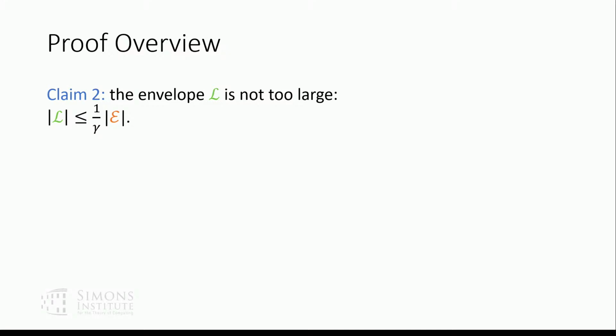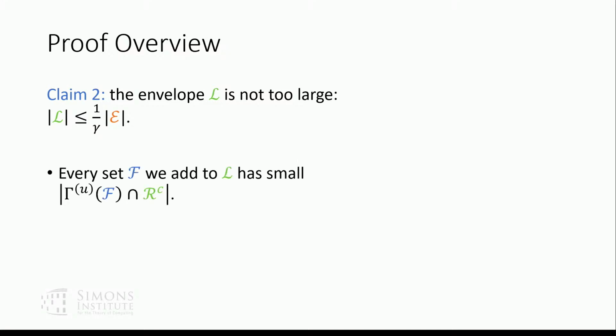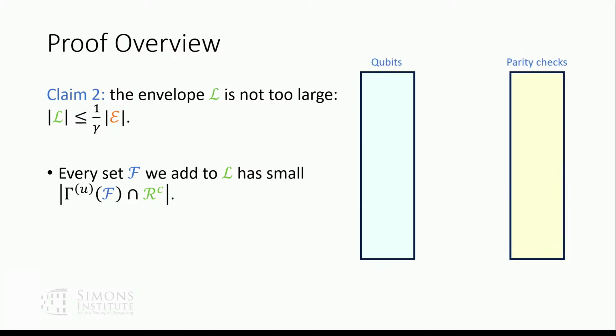The second part is to show that we cannot grow too much. The way it works is, if you recall the score function, we only add a set to L if it has a very small unique neighborhood which is not already in R. What that means is it cannot have many edges going out of what's already in R. So you only add sets that have few edges going out.